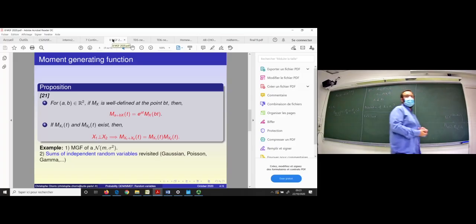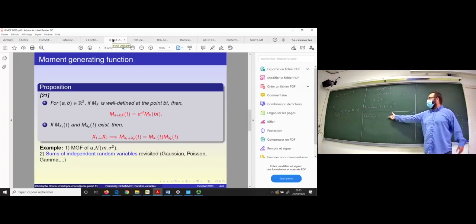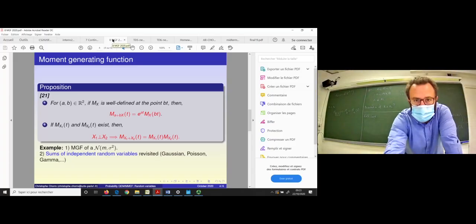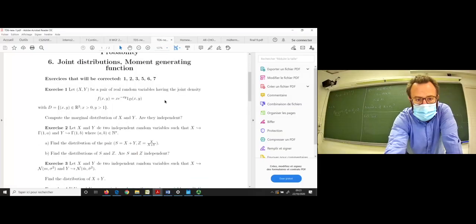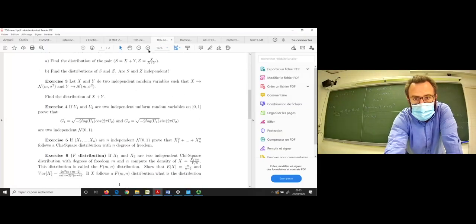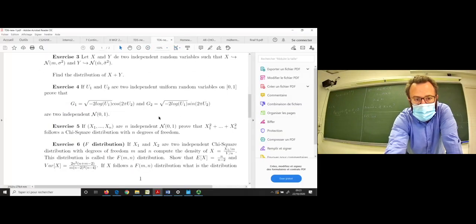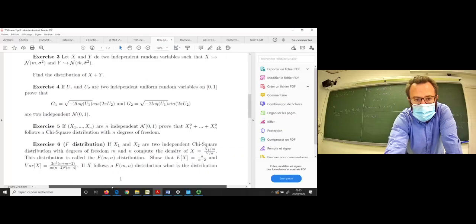If you have already finished with this one, try to do exercise 5 of list 6. If you don't have it, I can give it to you here. It's a very short statement in relation with the chi-square distribution.